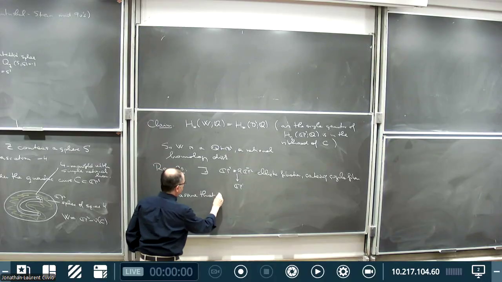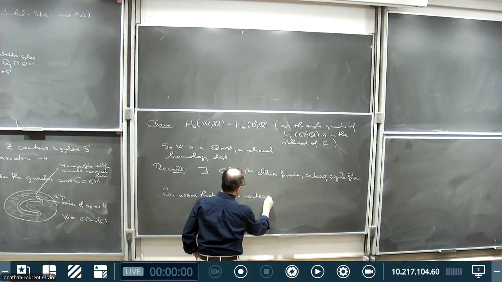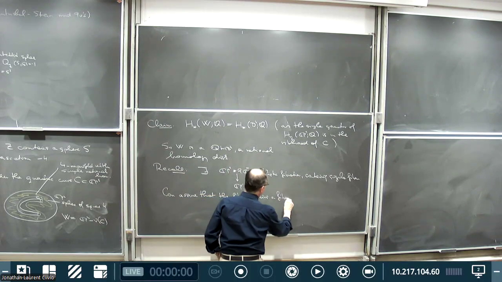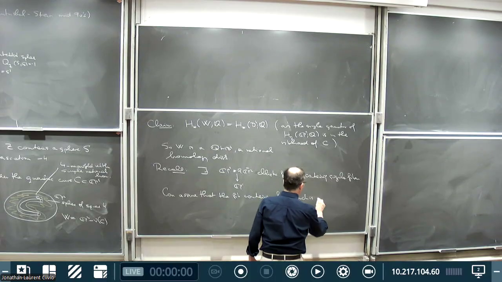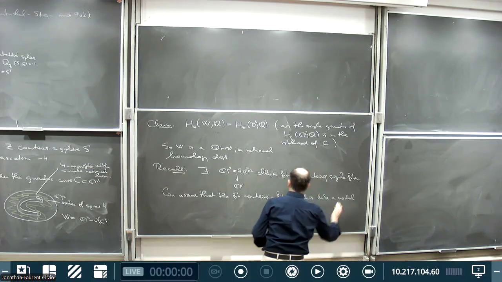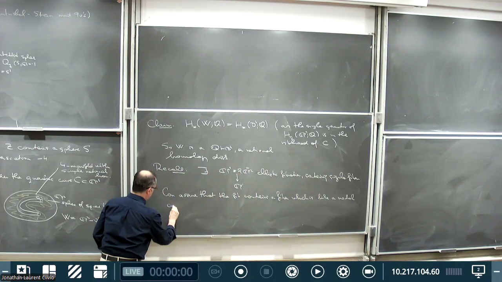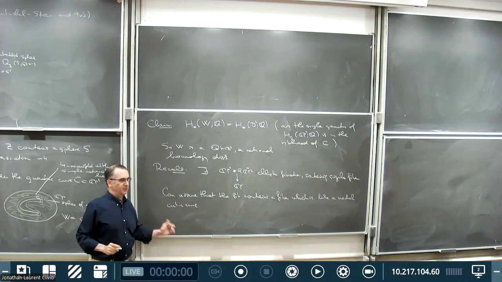So then assume that the fibration contains a fiber which is like a nodal cubic curve. Let me just explain what the nodal cubic curve is.